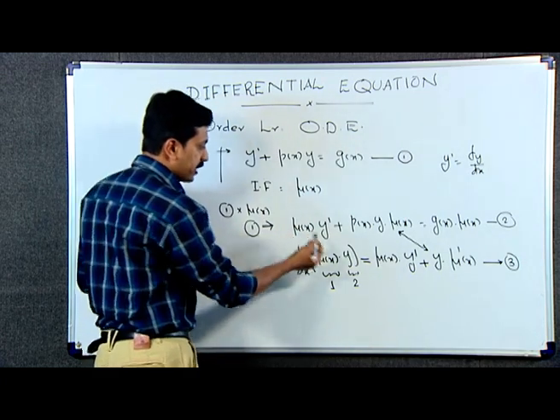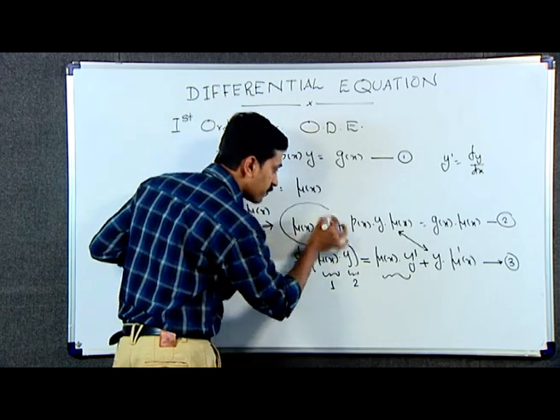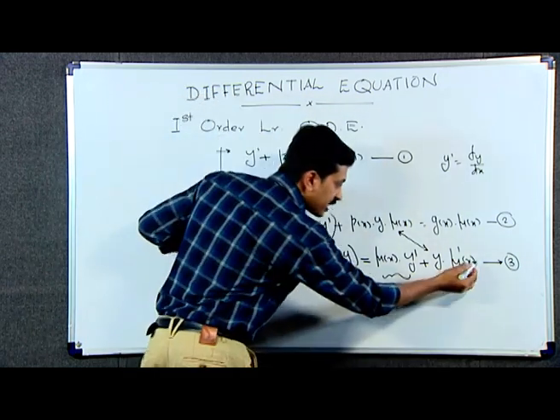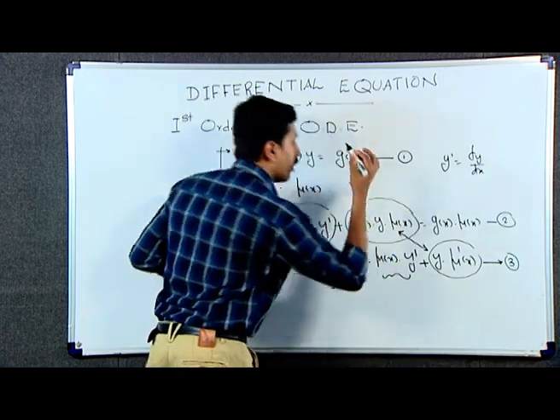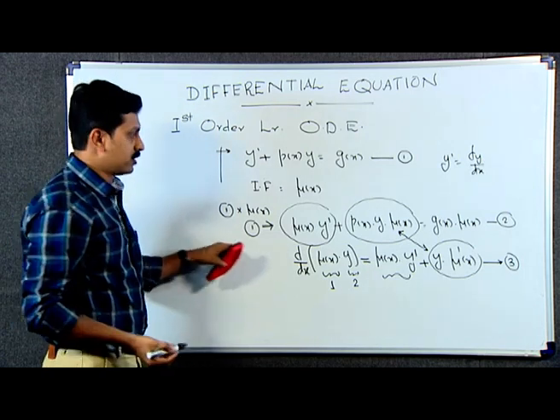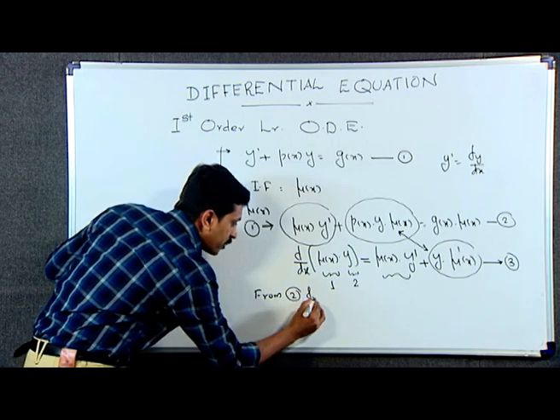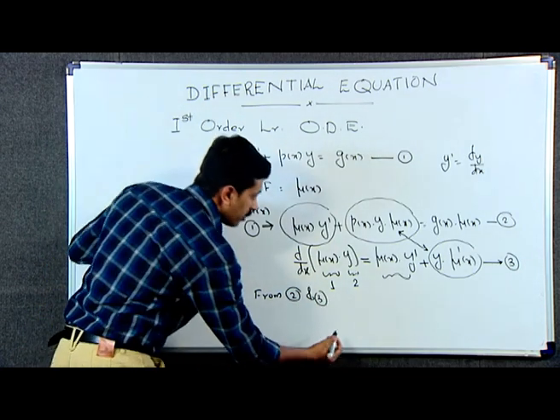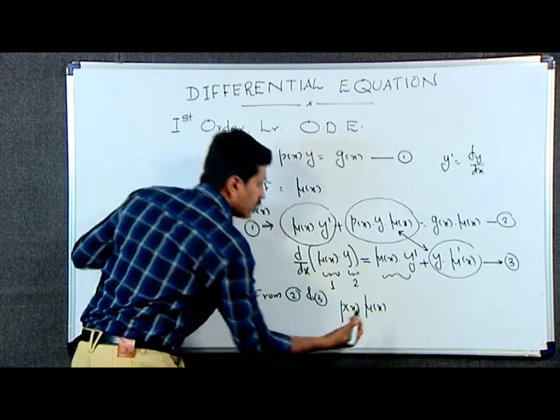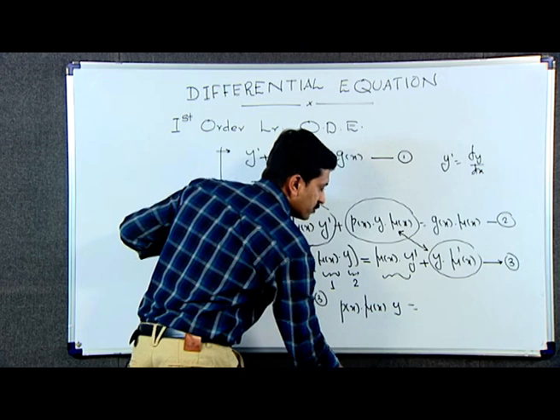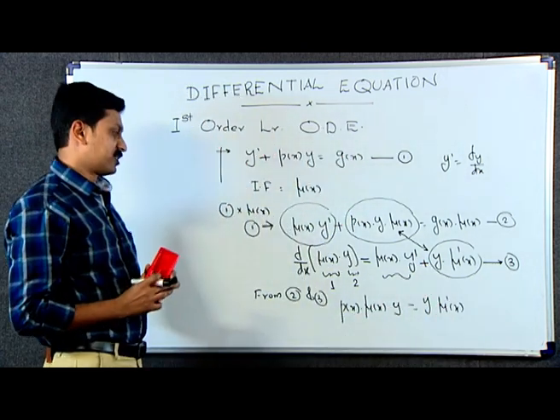By comparing these two, the first term is mu(x) y', and the second term on the left is p(x) y mu(x), while on the right it is y mu'(x). So, from equations 2 and 3, we will get p(x) mu(x) y = y mu'(x).